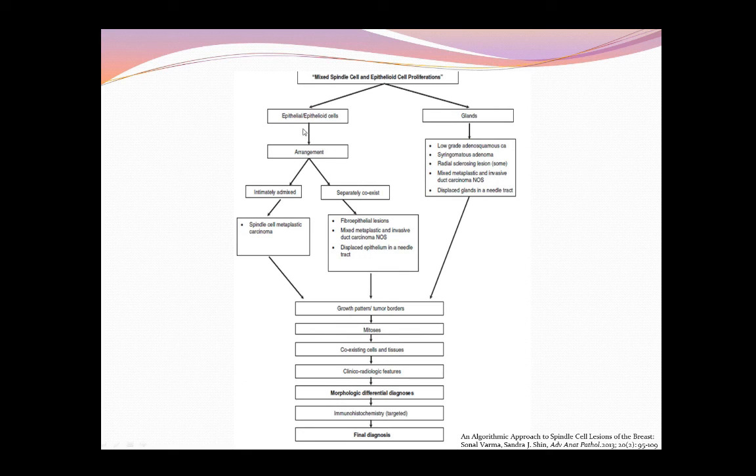If the epithelial component exists separately, just coexisting, the most common are fibroepithelial lesions, again mixed metaplastic invasive carcinomas, and the needle tract displaced epithelium. And follow the same protocol of looking at the other characteristics of the tumor.